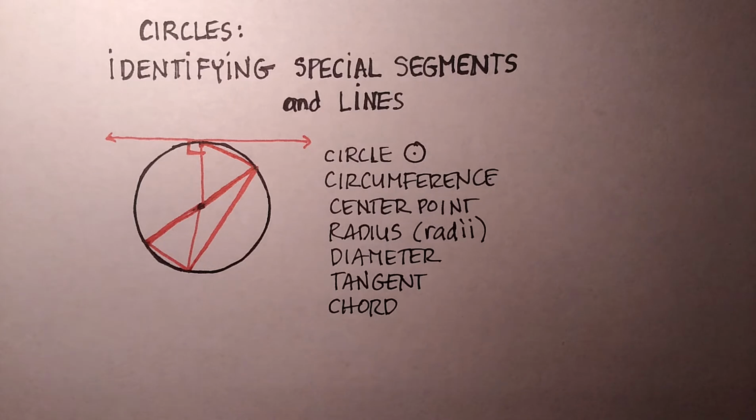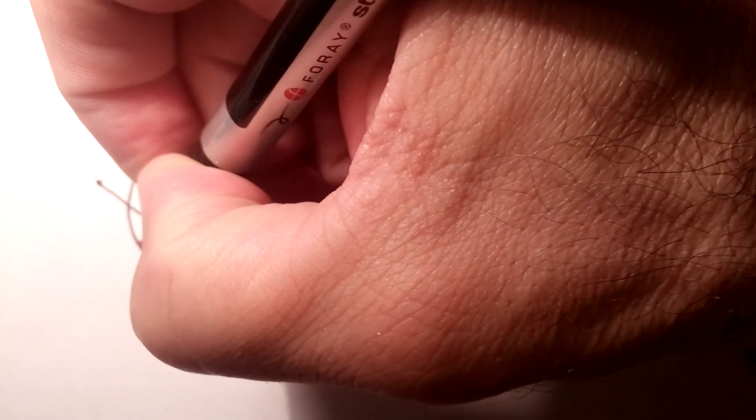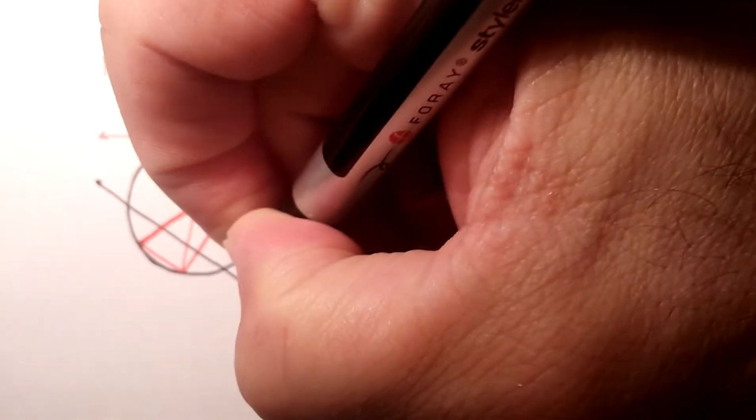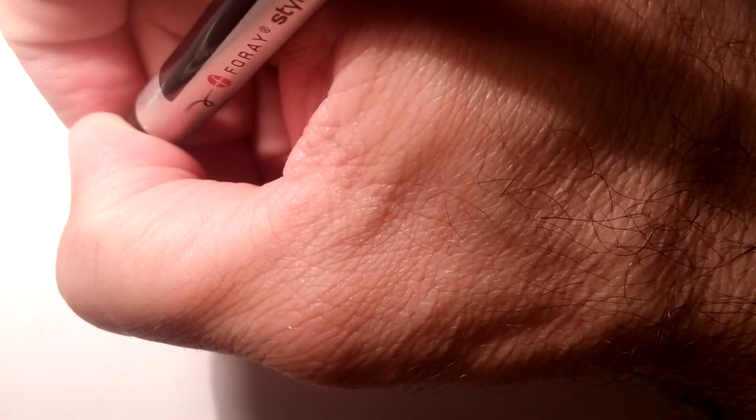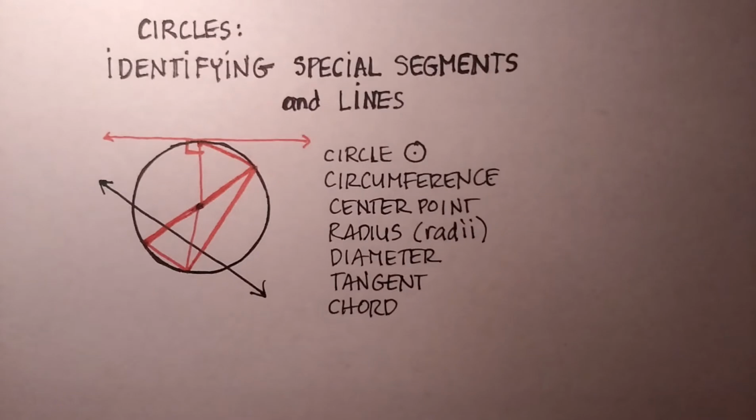A secant is a line that intersects the circle in 2 points. So, for example, if I were to draw a straight line through here, that would be a secant, okay?